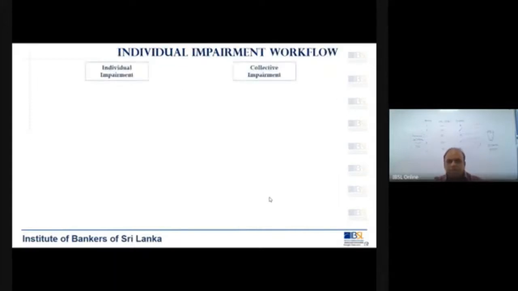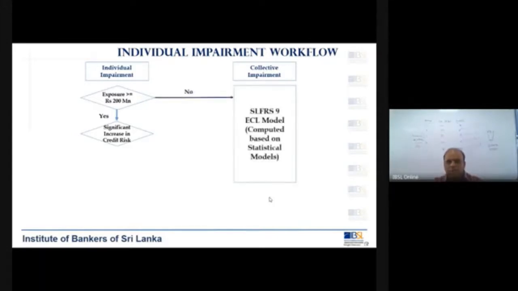How does the individual impairment workflow work? First, you will look at a customer whether they are individually impaired. I'm taking an example, more than 200 million. All loans which are more than 200 million, you will subject to individual impairment, which is the next test to see whether there is a significant increase in credit risk. If not, they will be put under collective impairment.